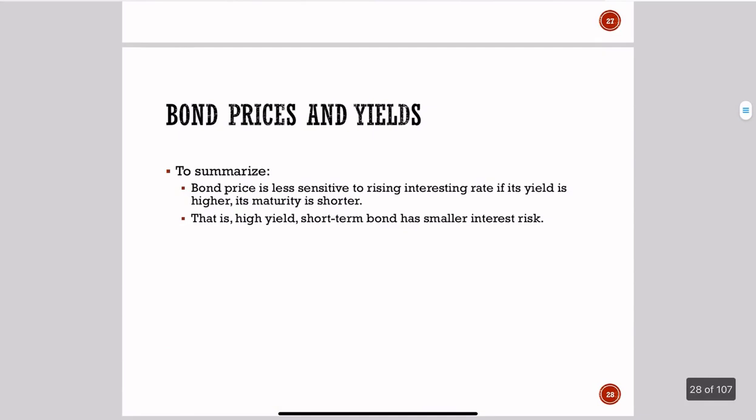Okay, now let's summarize. So bond price is less sensitive to interest rate if its yield is higher, its maturity is shorter, right? So in this case, it basically means that high yield short-term bond has a smaller interest risk. Okay, let me explain here.